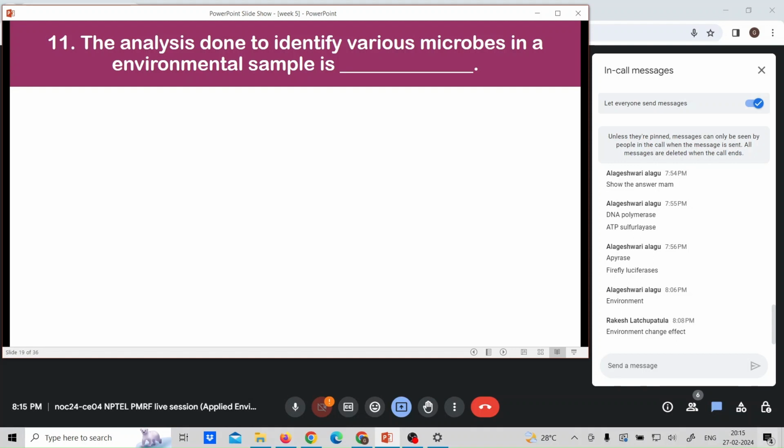Again, this is also an omics technique only. Okay, that's perfectly fine.